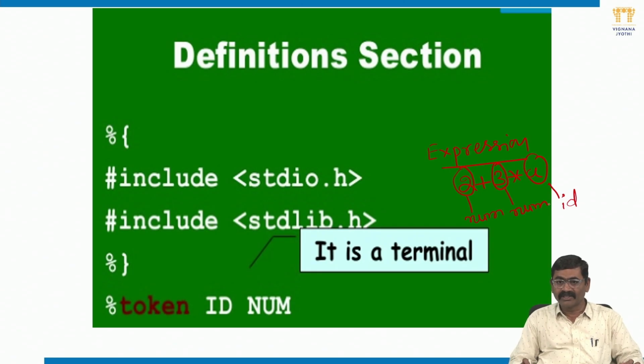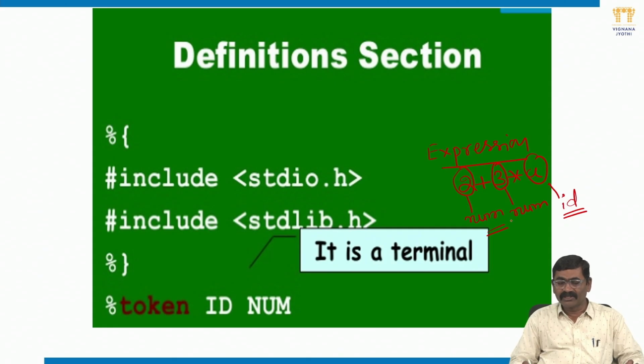Therefore, what we should do here is take the number as well as ID from the lex tool, because number is one token as well as ID is also one token.